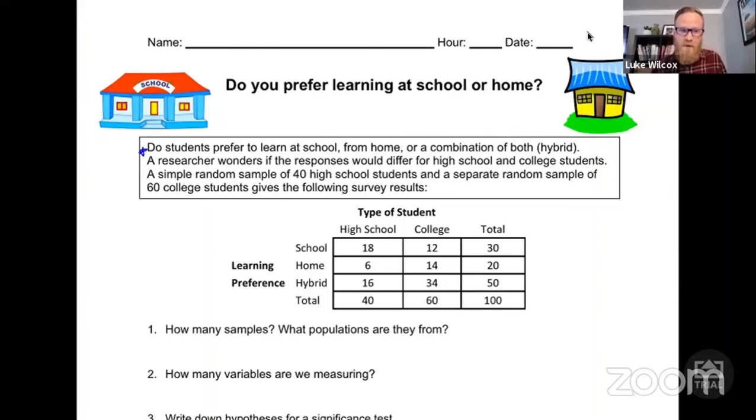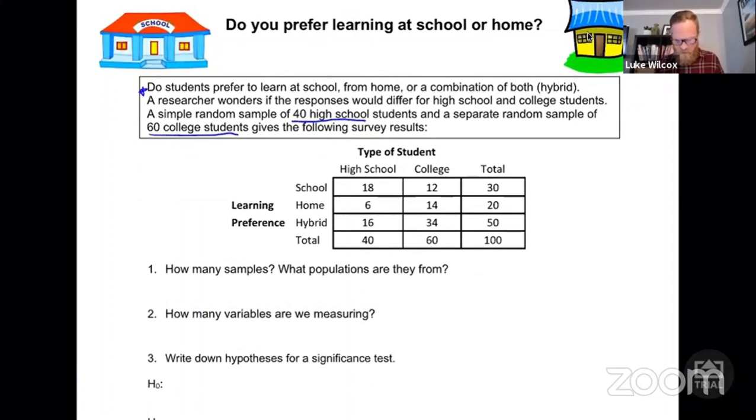A researcher wonders if the responses would differ for high school and college students. A simple random sample of 40 high school students and a separate random sample of 60 college students gives the following survey results. And so we have the results of the survey.